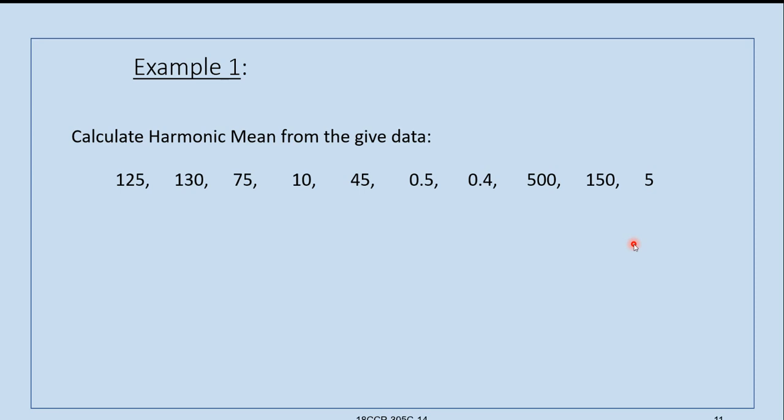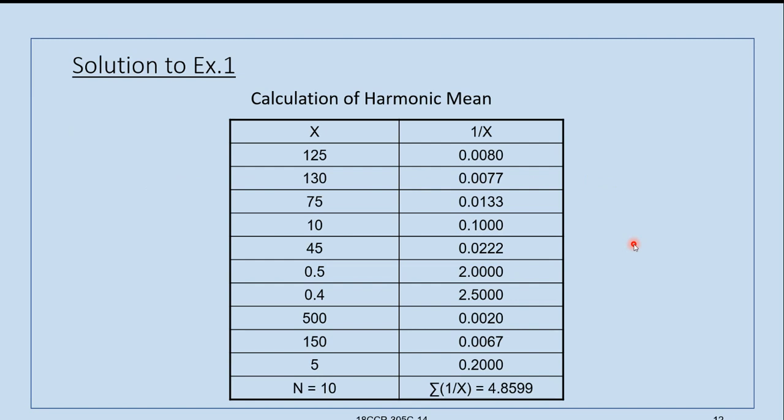Then we have to add all the reciprocals in the second column. If you are doing it manually, LCM should be taken for all the items and then calculate the total. Now, if you use a calculator, it is very easy. We will see the procedure.